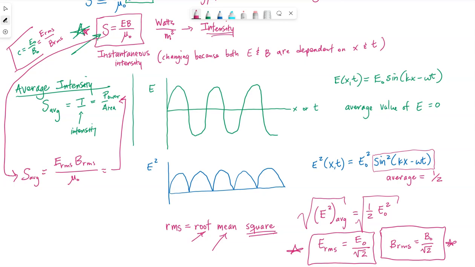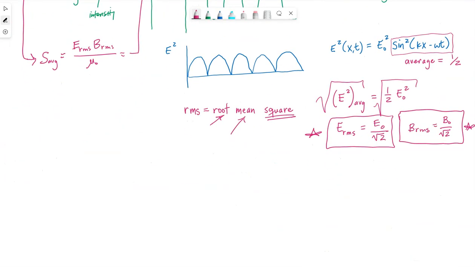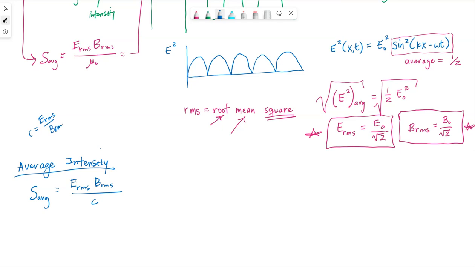What that means, let's pull this down here a little bit. So average intensity, this S average, can be written as ERMS BRMS over mu naught. But because c is equal to ERMS over BRMS, ERMS would be c times BRMS.